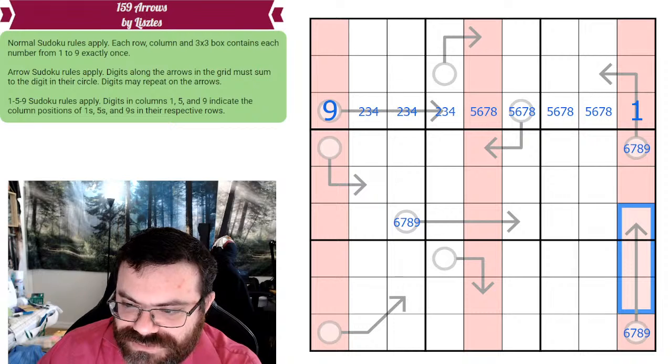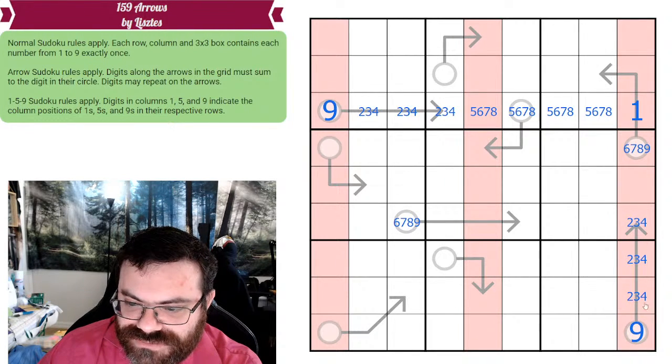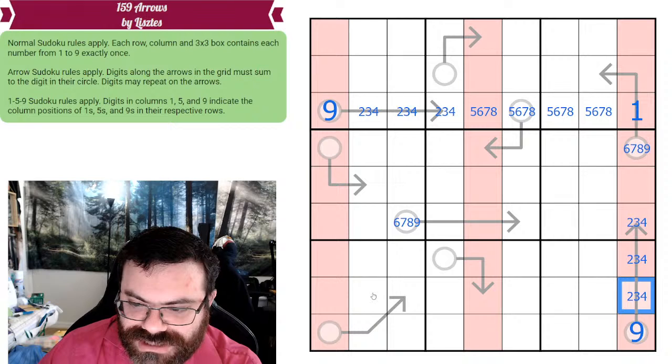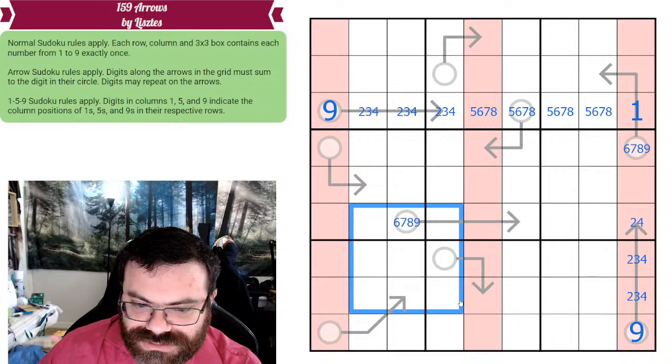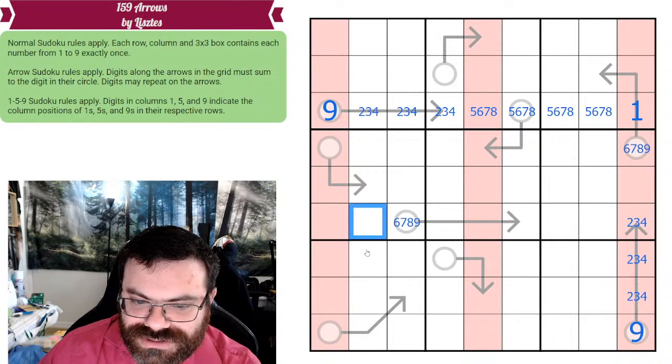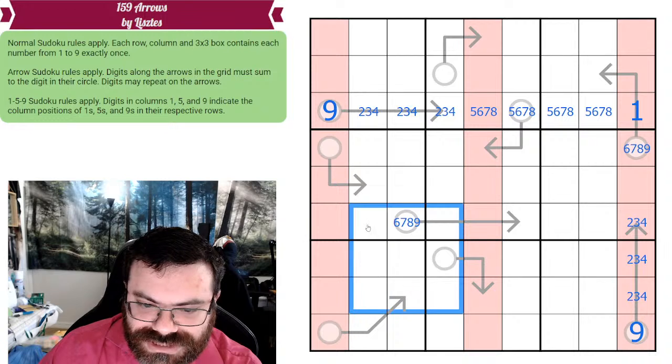This arrow here doesn't have a 1 on it, so that's 2, 3, 4. That puts a 9 here. So the 9 is self-referencing, but we now have a 9 in this block here, so this can't be 3. Wait, it could easily be 3, sorry. There's 9s all over here.